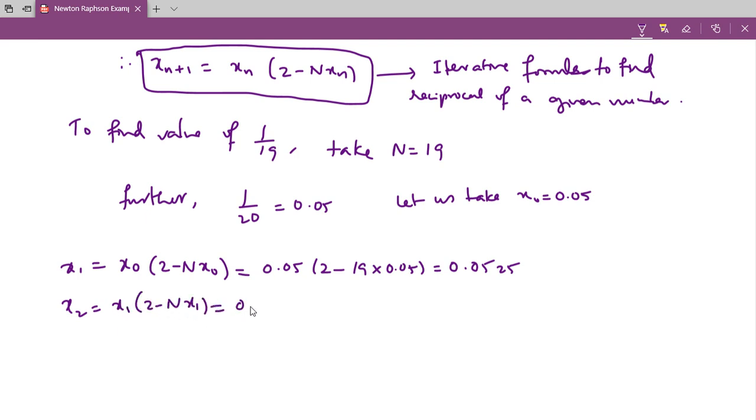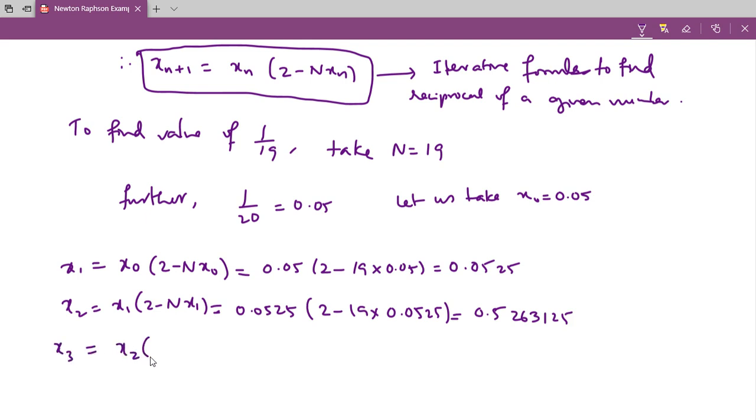So when you have x1 already, you can go for x2. 0.0525 into 2 minus 19 into 0.0525. So this gives you 0.52633125.